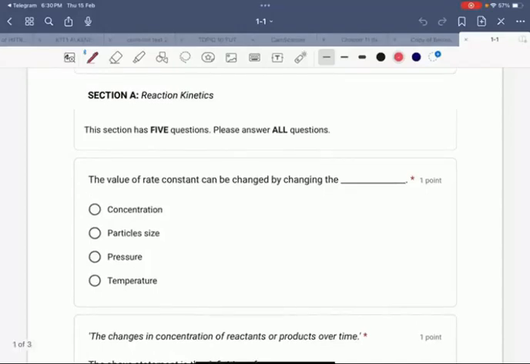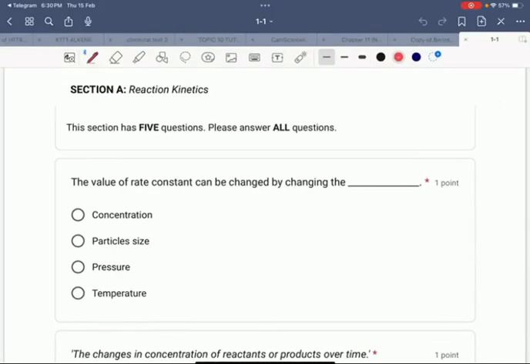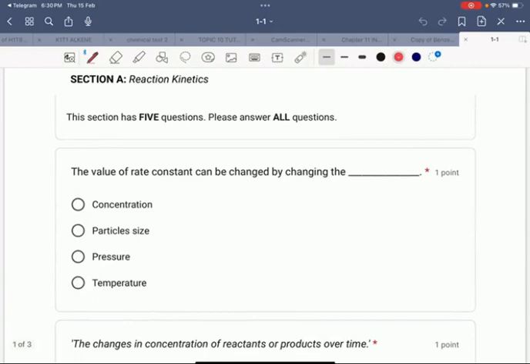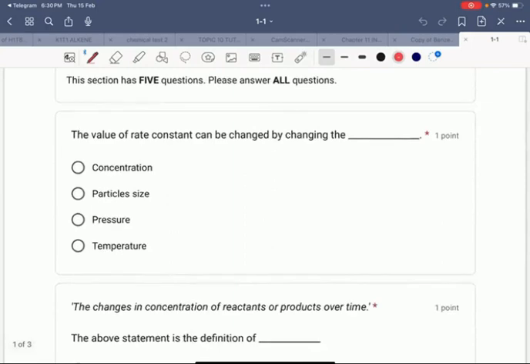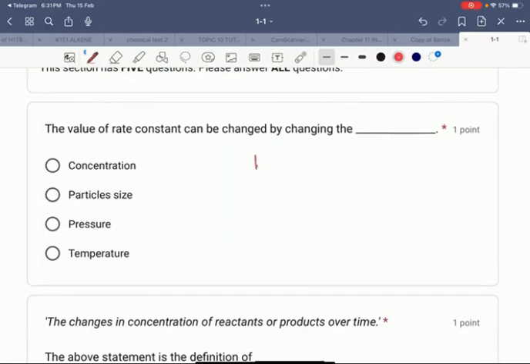Let's start with pre-UPS set B, section A, reaction kinetics. The first question: the value of the rate constant can be changed by... For this question, we know that K is equal to A e to the power of negative Ea over RT.